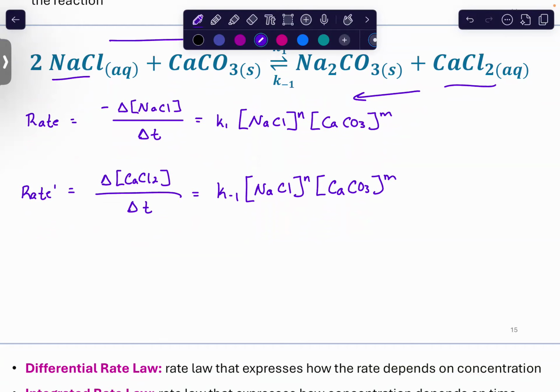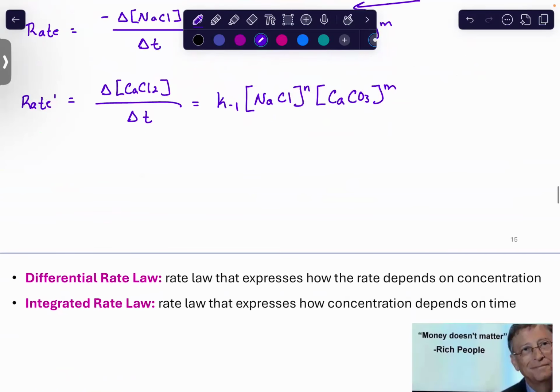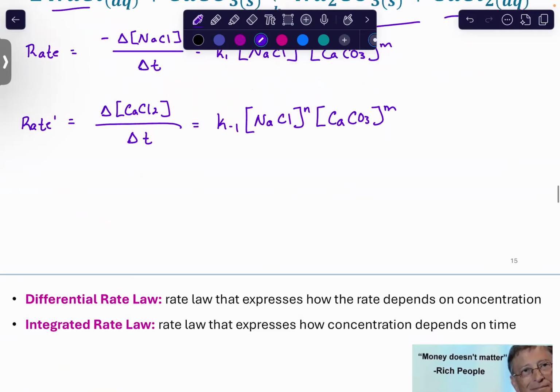Should I make you figure this out? No? Oh, I didn't give myself enough room. Did I? Oh, no, I did. Okay. So let's say that, take a few minutes, see if you can figure out why this is the case.